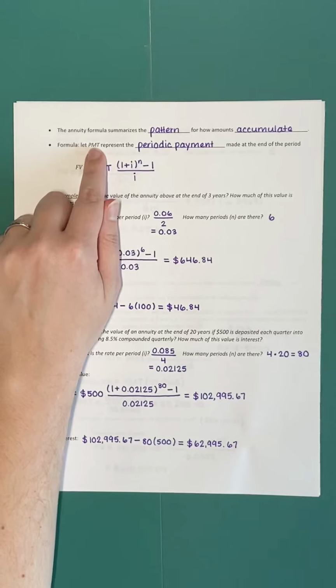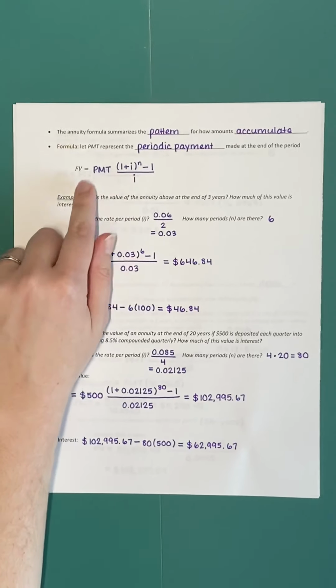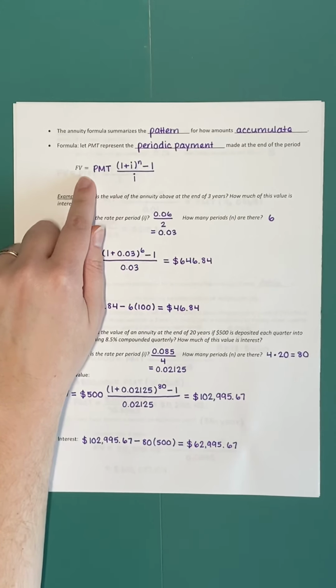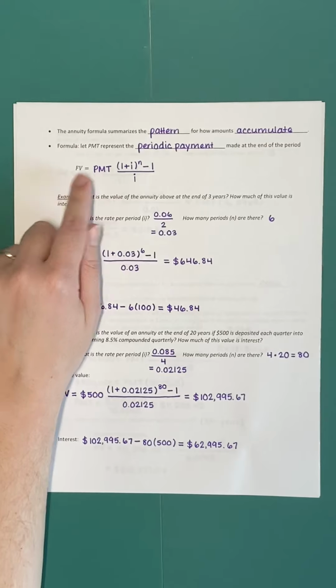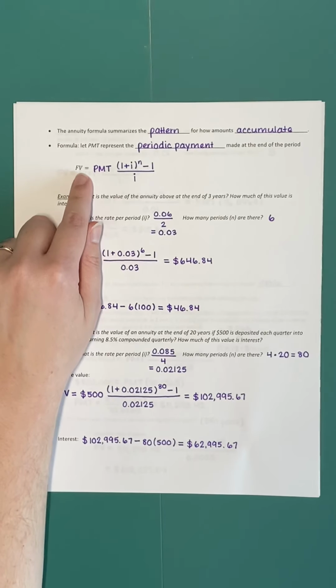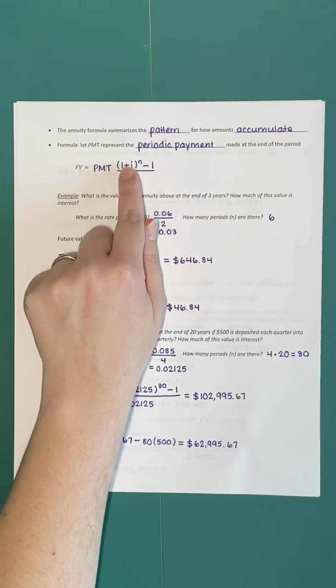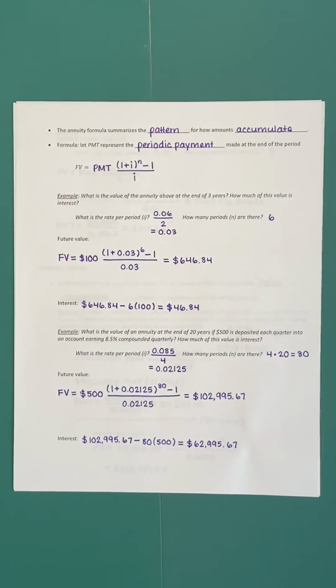So this is going to replace principal, and then FV stands for future value. In other words, our account balance at the end of all of our deposits, the end of all our interest periods. So this is going to be our formula. I and N mean the same things as they always mean.